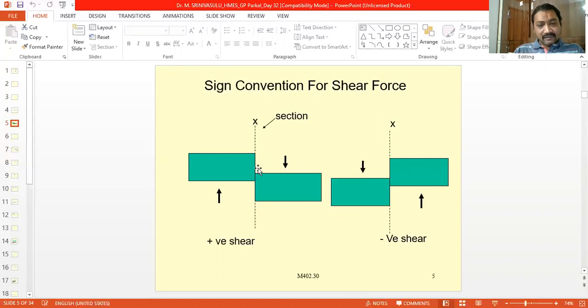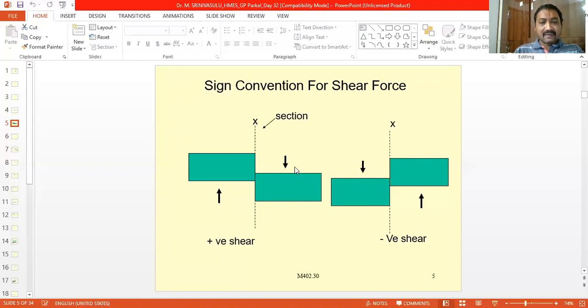Also, if the force acts upwards to the left of the section, it is positive. Then this case will become negative: if the shear force acts upwards to the right, it is negative. And even if the shear force acts downwards to the left, it becomes negative. So you just remember this one.